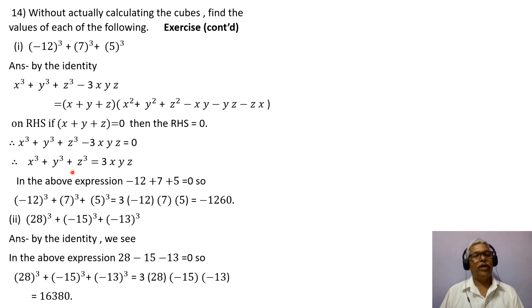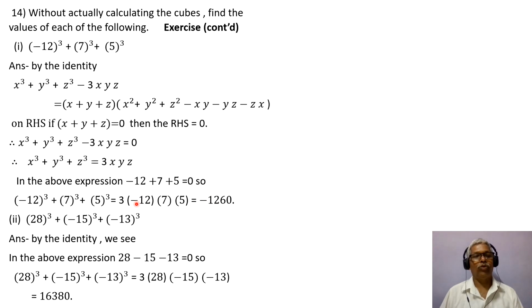Okay, now with the help of this we will tackle this expression. In the above expression, x + y + z, that is −12 + 7 + 5, is 0, so the right hand side is 0. So then (−12)³ + 7³ + 5³ equals 3 into (−12) into 7 into 5, which is −1260.